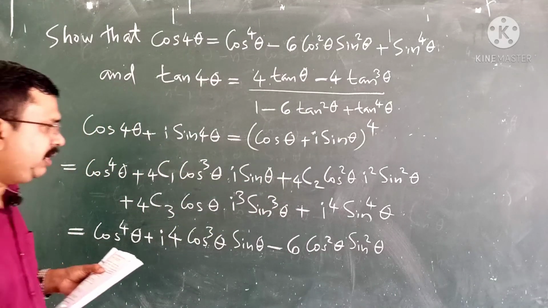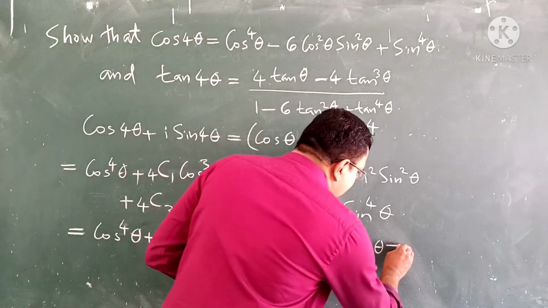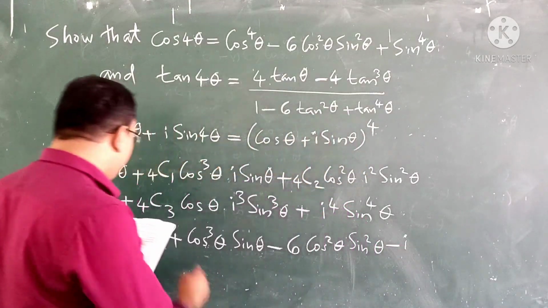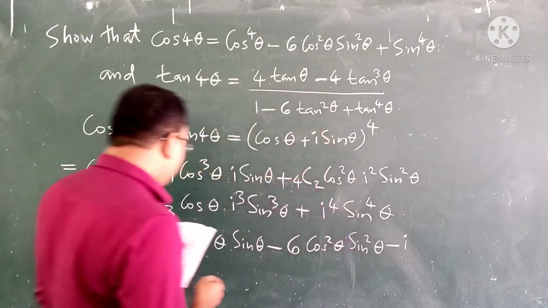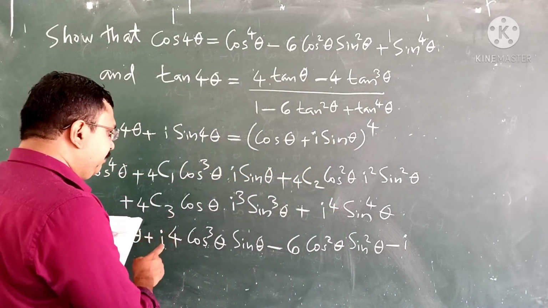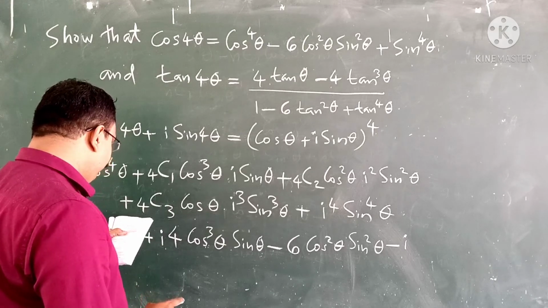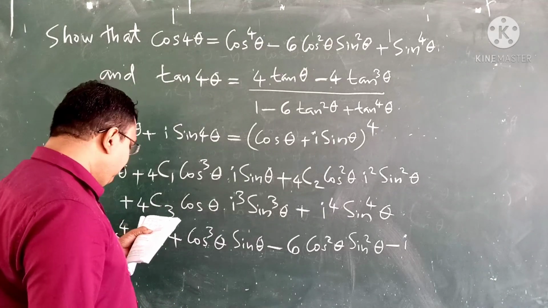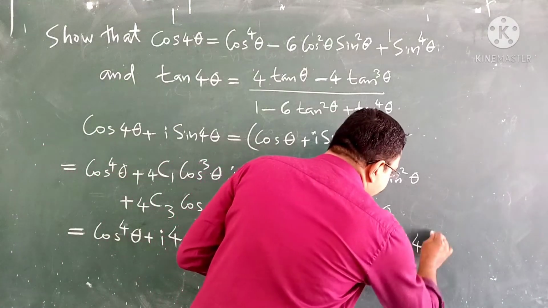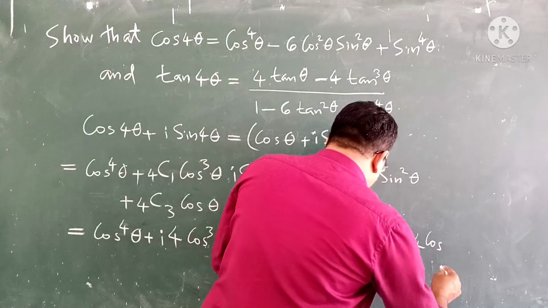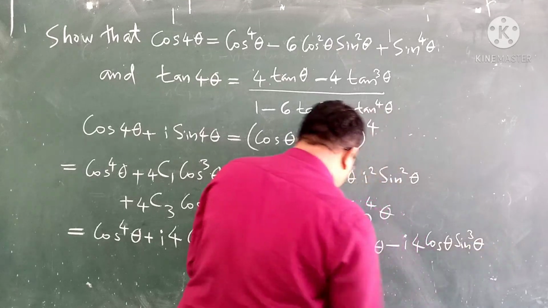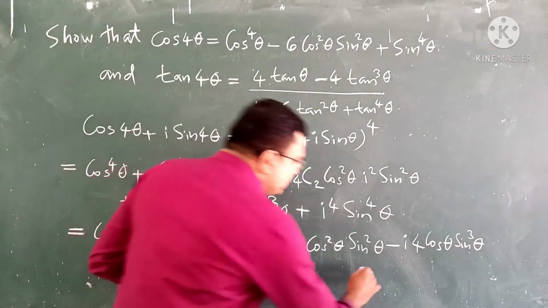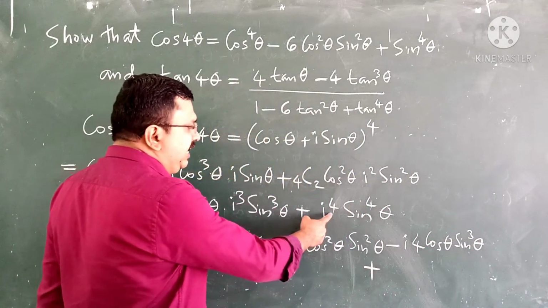What is i cube? i cube is minus i. Minus i into 4C3. 4C3 is 4. Minus 4 into cos theta into sin cube theta, plus the last one is i raised to 4.